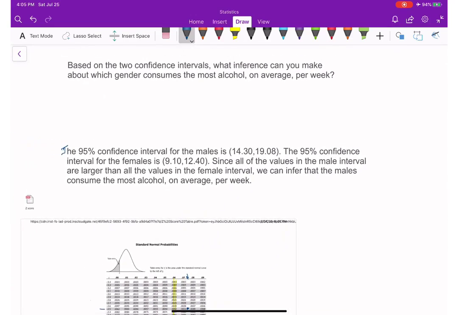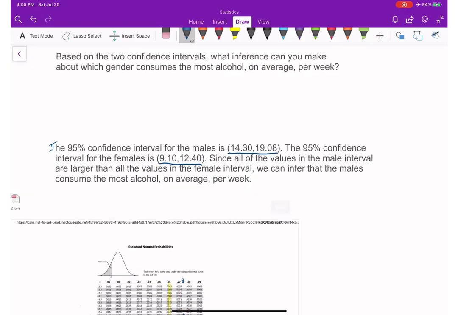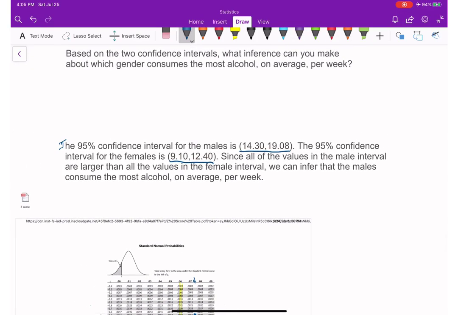Since all of the values in the male interval are larger than the values in the female, with a higher lower end and higher upper end, right? Then we can say that males consume the most alcohol on average per week. Definitely more than women. Okay?